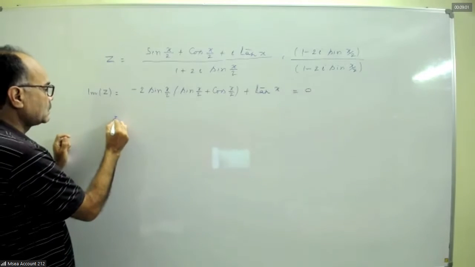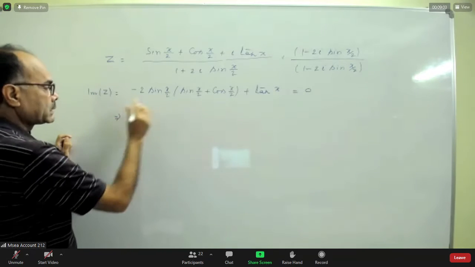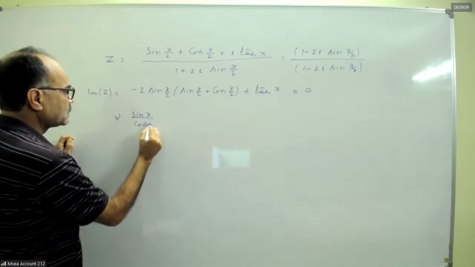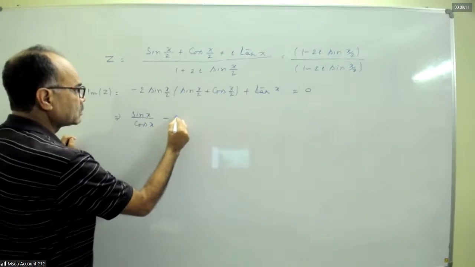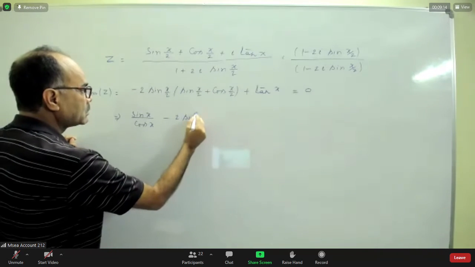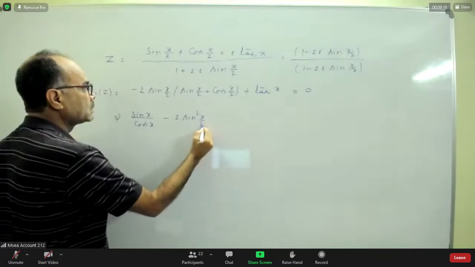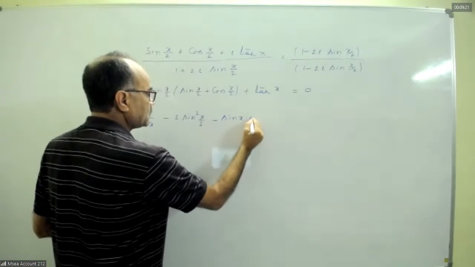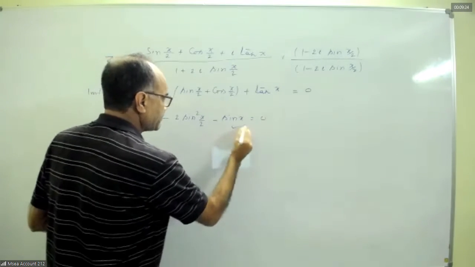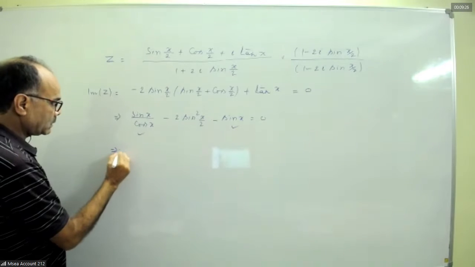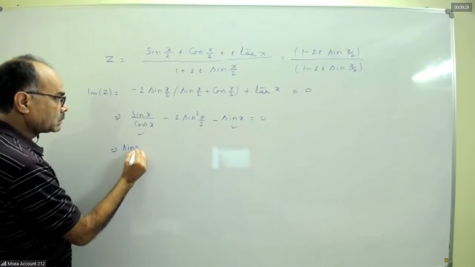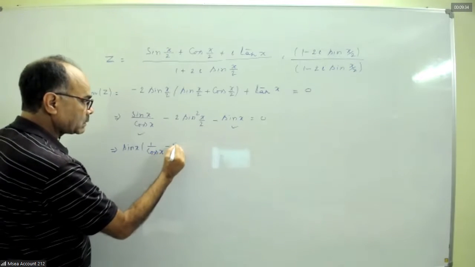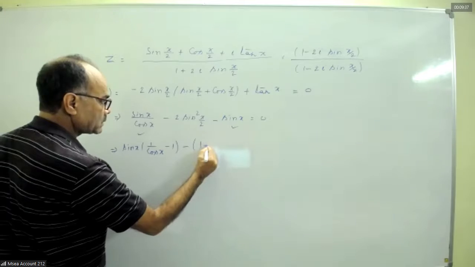So this is tan x minus 2 sin square x by 2 minus sin x. This term and this term, I take sin x common: 1 by cos x minus 1, minus 1 minus cos x.